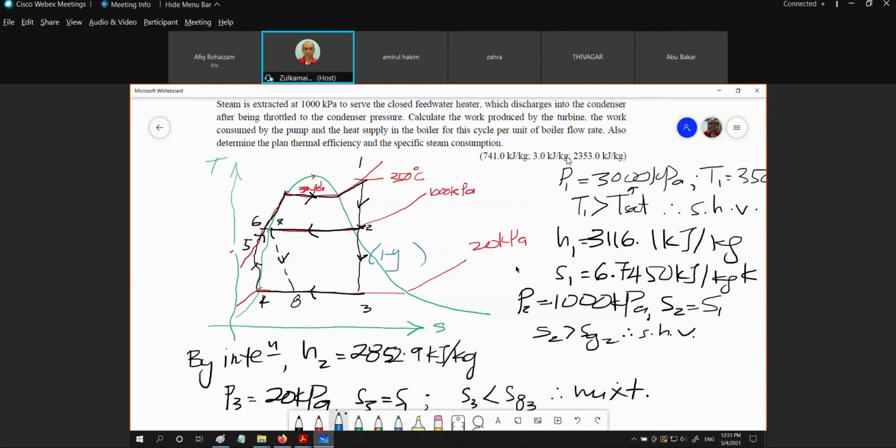Where is your thermal efficiency? Also determine the plant efficiency. What is your plant efficiency? Right here is giving us 3.0 kilojoule per kilogram.